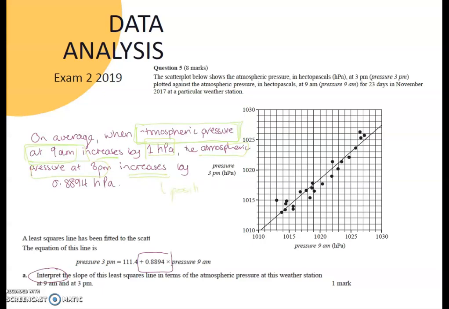If it's a negative gradient, we say decreasing or decreases by, and then the value of the slope, the gradient, and the units. It's worth having a couple of examples so that when you hit a question like this, you feel confident putting in the correct answer.